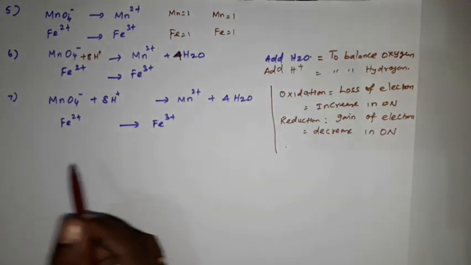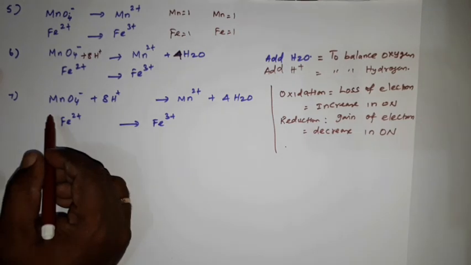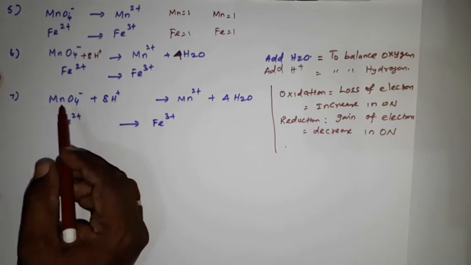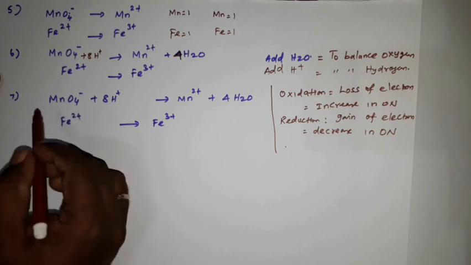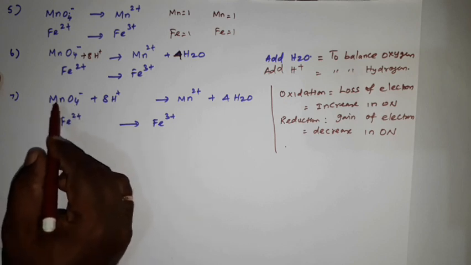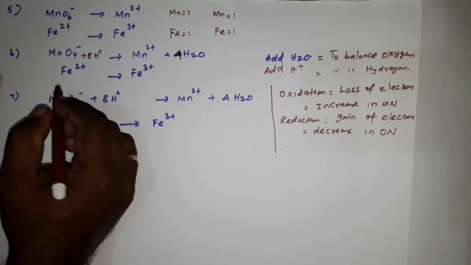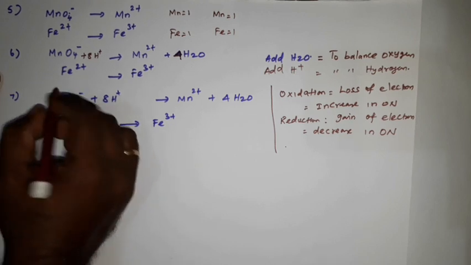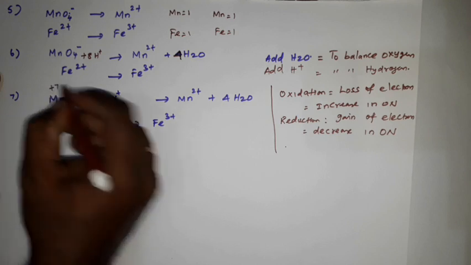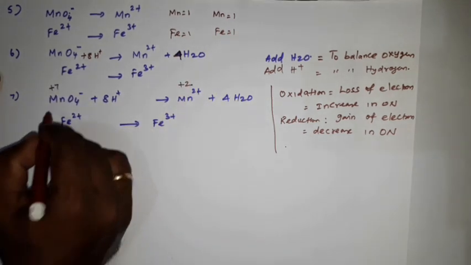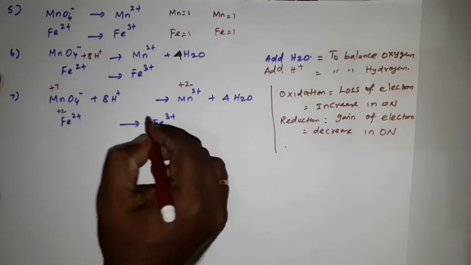Okay. Now here in step 7 we are going to balance electrons. So find out which is oxidized here. Here manganese, is it reduced or oxidized? Here we calculated in that first step, manganese is +7 and here manganese is +2. And here +2 for iron and here +3.